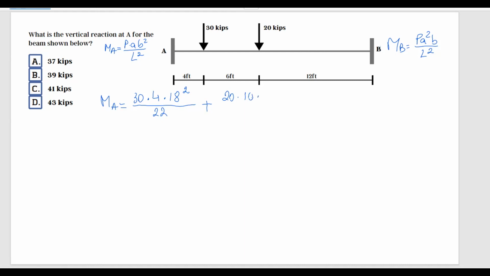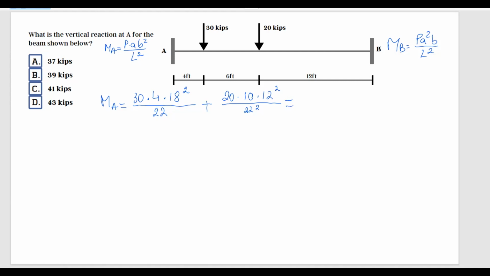And then B is the distance from this force to the right support, and we have 12. And of course, 12 has to be squared, all divided by the entire length, again, which is 22 squared.